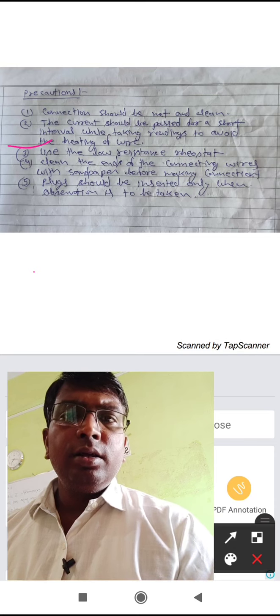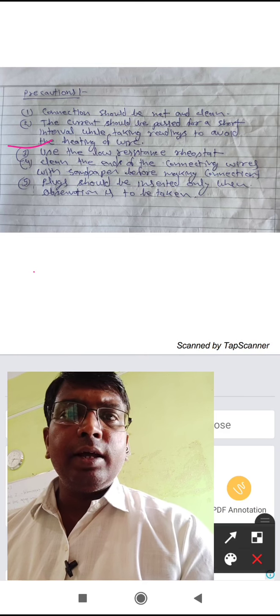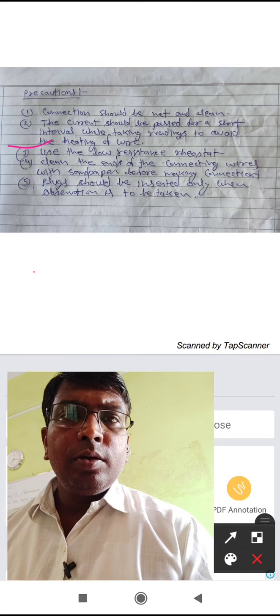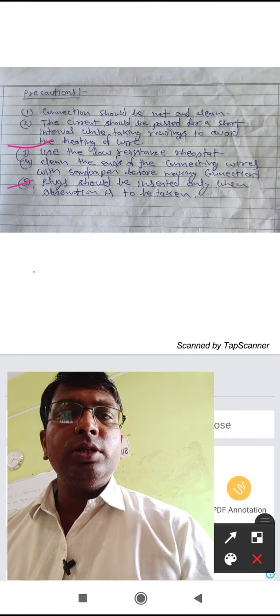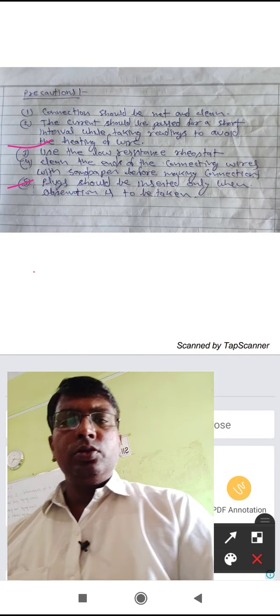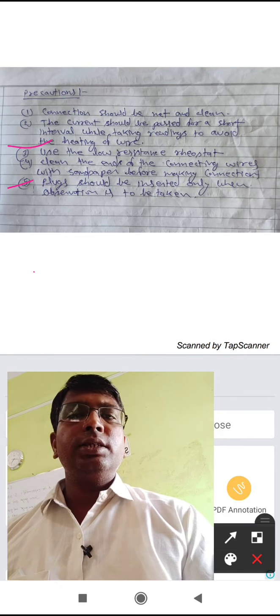Third, clean the ends of the connection wires. And fifth, the plug should be inserted only when an observation is being taken. So those are the precautions we should take during the experiment. Thank you for watching.